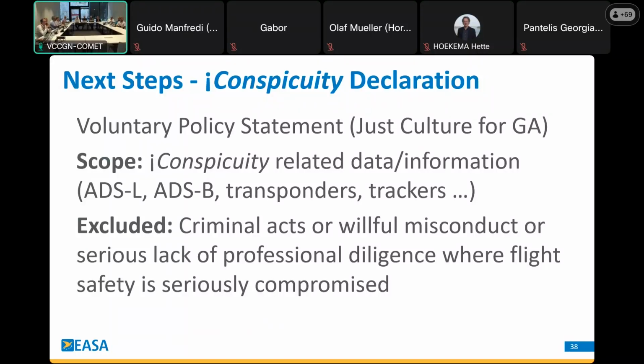Next slide, please. And now the iConspicuity declaration. As you know, we were trying to address interoperability and cost since the start, and we understood privacy is a concern. So that was embedded in our work before the research project started. Throughout the project, we have also learned one very important lesson.